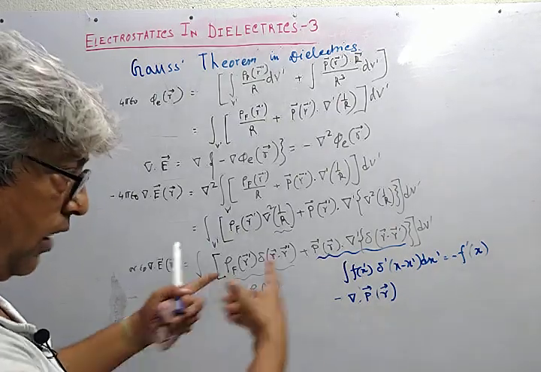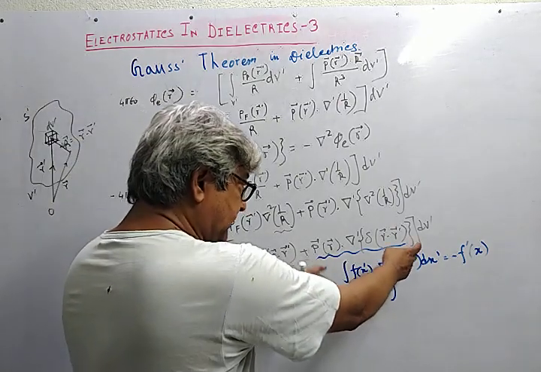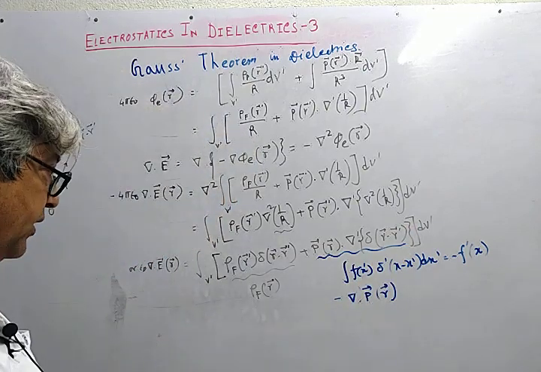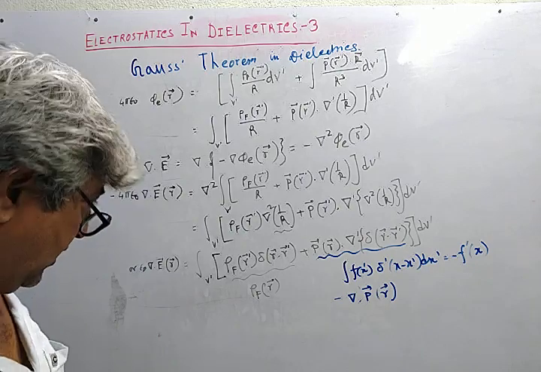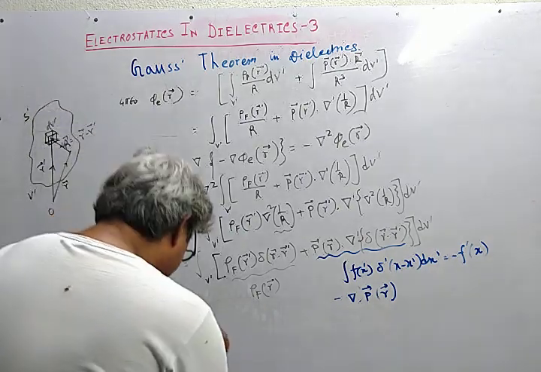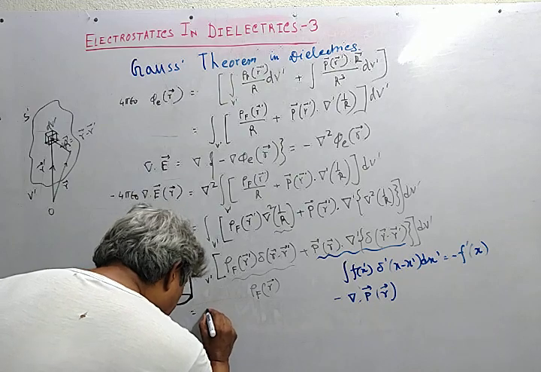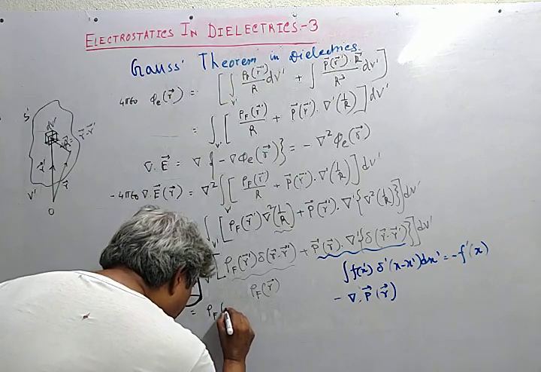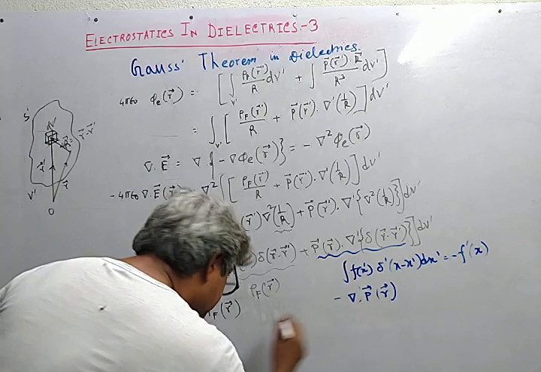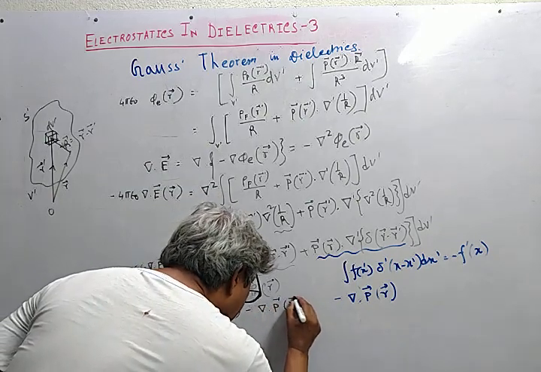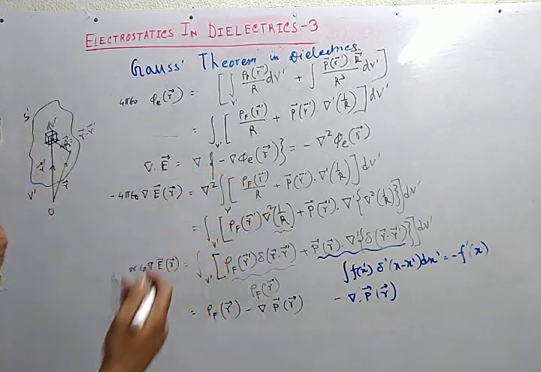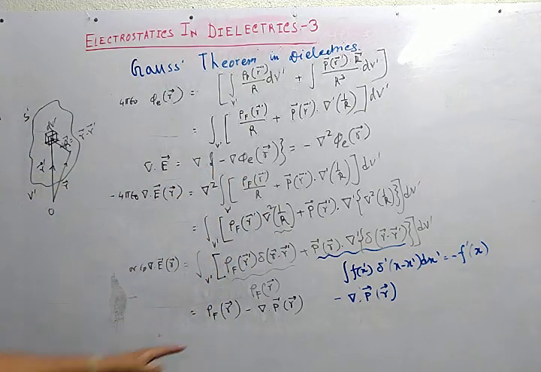I will also illustrate this evaluation in another way which would be convenient for you. So let me first write this. So this becomes rho f at r, and this part is minus divergence of p at r, which again leads to Gauss's theorem in dielectric in its differential form.